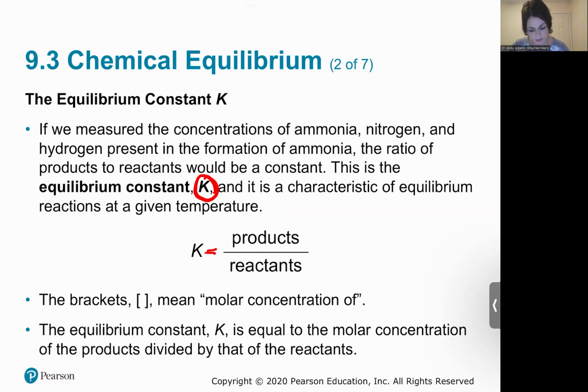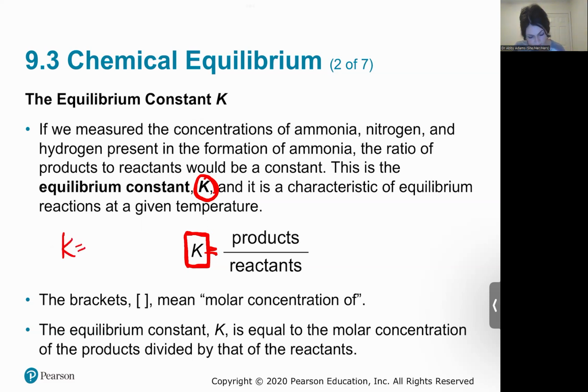So K is our equilibrium constant. And we're going to have equilibrium constants for different materials. You're going to see we're going to have a K for acids, a K for bases, and a K for water. We'll get there. So you can see the equation, this ratio that I'm talking about: K equals the products over reactants.